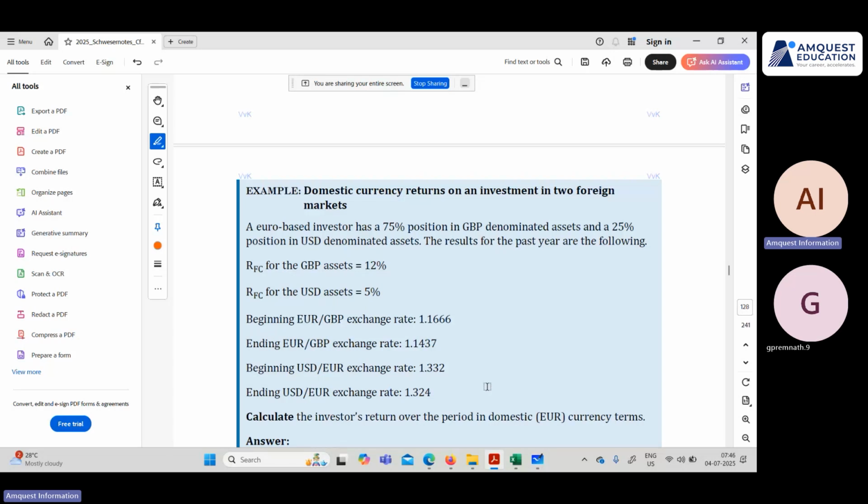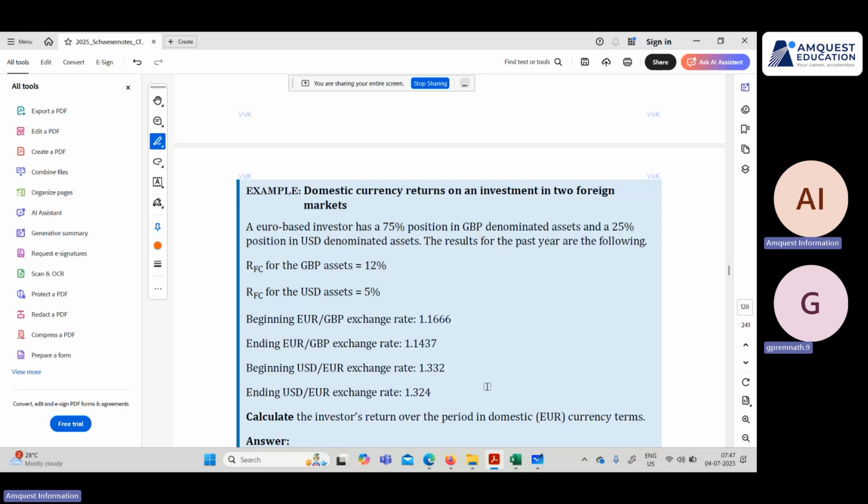Okay, let's go one by one. How much return did you get from GBP? So capital appreciation is 12%, and the FX return is negative 1.96%.